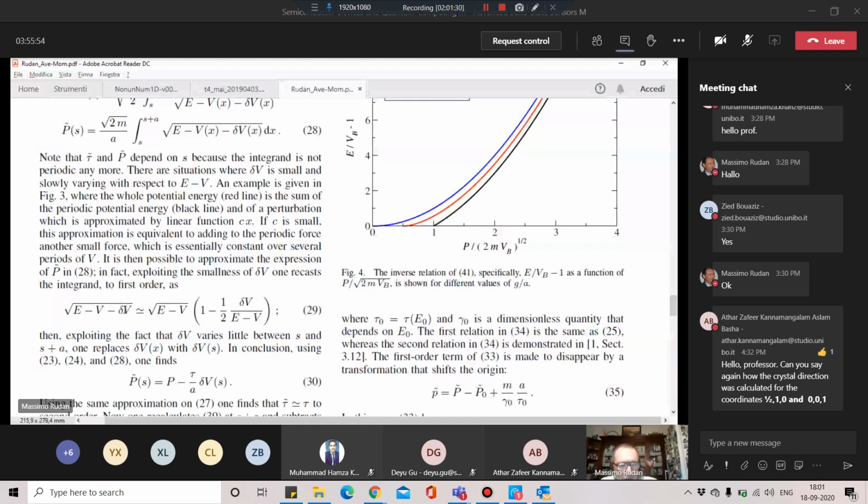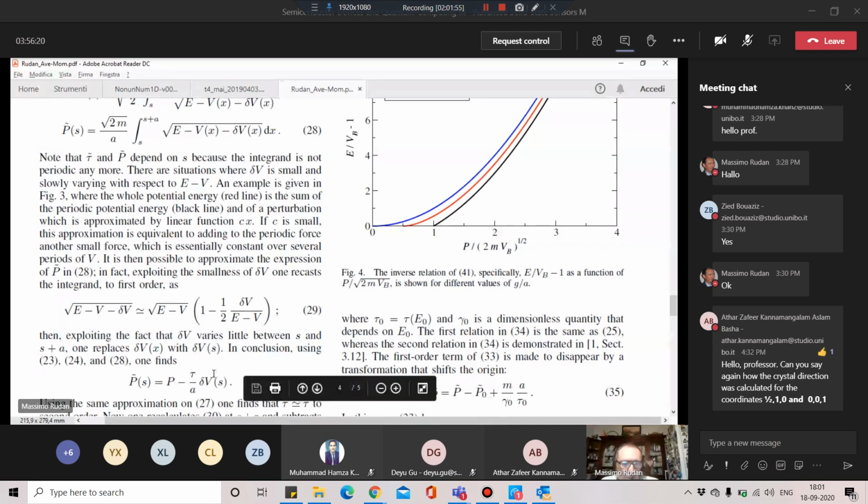So this is approximation number one, a Taylor expansion inside the integral. Number two, you remember we said delta V varies very little with respect to position, so we can consider it almost constant over a period, okay?